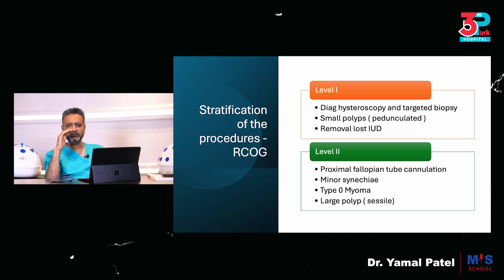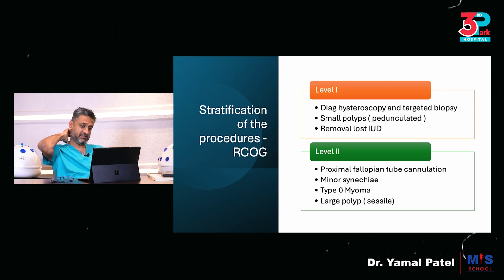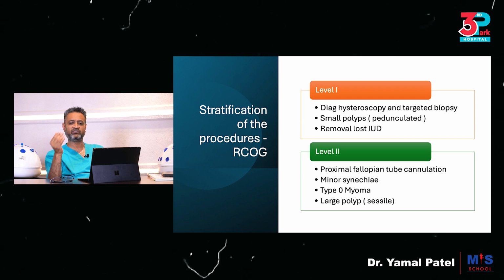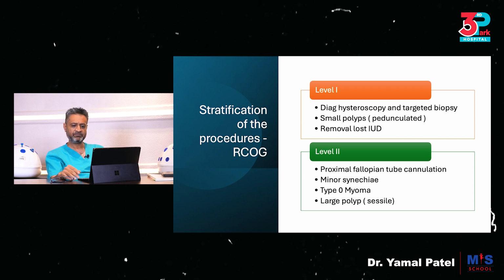In terms of the various procedures, not all procedures fall under one level. So we have levels of the hysteroscopic operative procedures, and as per the RCOG, as one of the guidelines that we can come across, we have level 1 procedures like diagnostic hysteroscopy and targeted biopsies, to small polyps which are pedunculated, to removal of a lost IUCD.